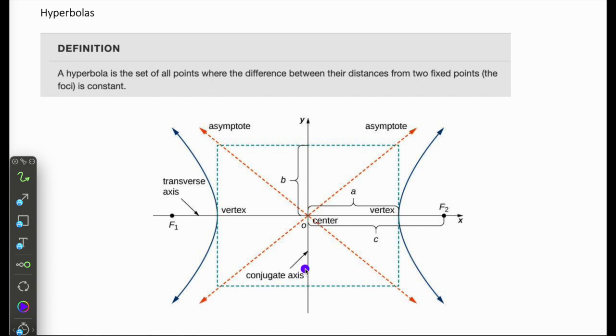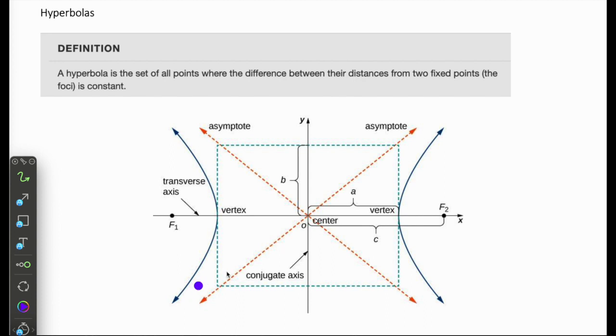Now, when you're looking at a hyperbola, it looks similar to a parabola, like two parabolas sitting back to back. However, parabolas and hyperbolas have two different shapes. A parabola is going to be more round when it opens.